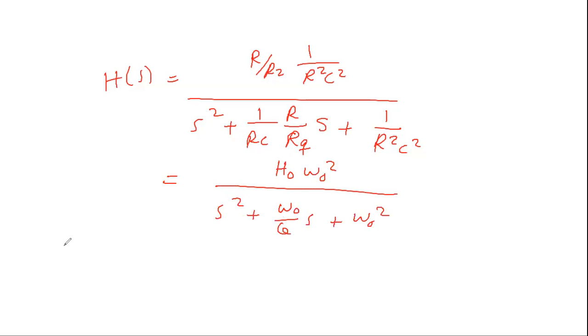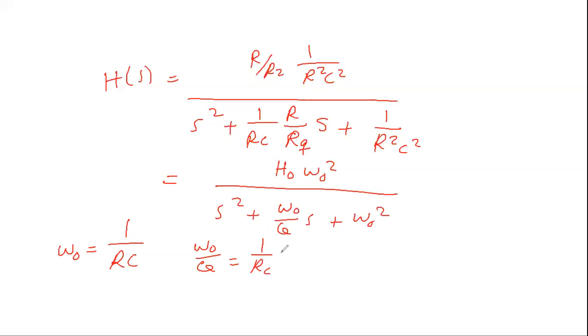From this, you can say: how much is omega naught? It is the square root of this part here, so it's 1 over RC. How much is omega naught over Q?